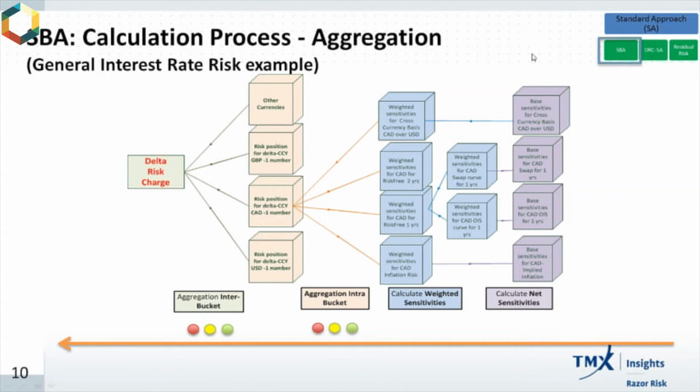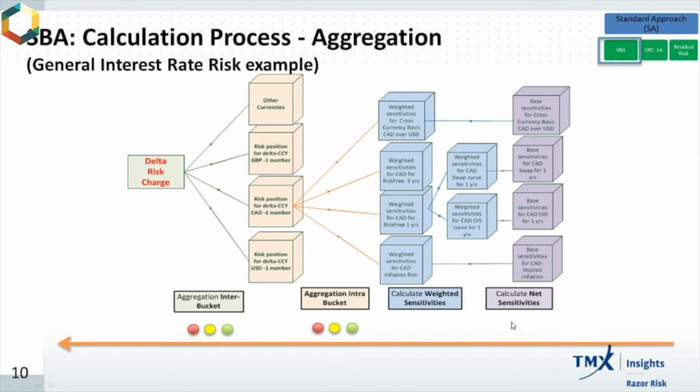After the previous steps, we get the net sensitivity at the risk factor level. Then multiplying by its weight, we get the weighted sensitivity. And we use intra-bucket correlation to aggregate the numbers to reach the bucket level risk charge. After that, we use inter-bucket correlation to get the component risk charge.